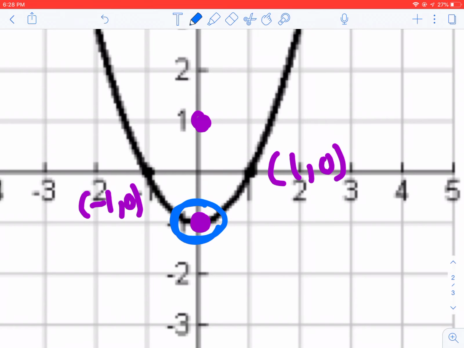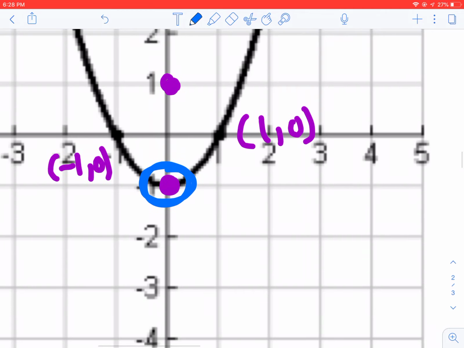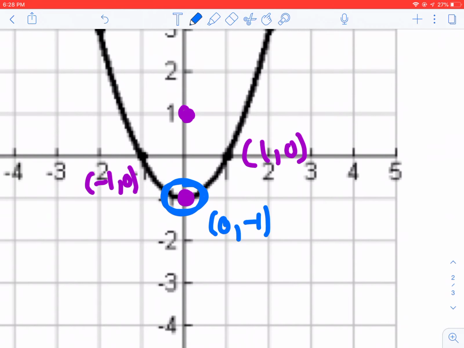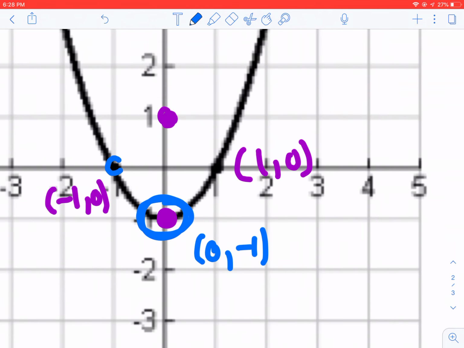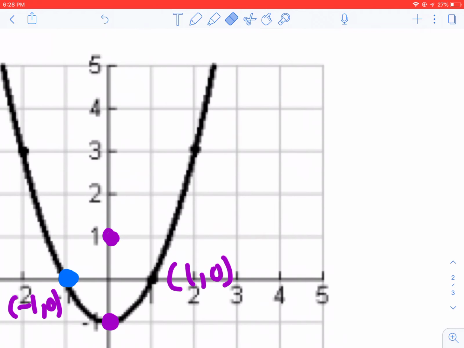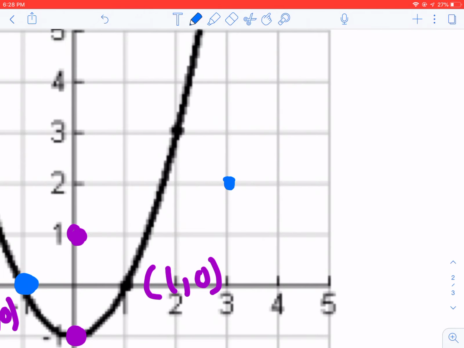Looking at the original black graph here, that original point on the graph would be, what is that, 0, negative 1. That's going to become negative 1 comma 0. So that point becomes this point. And I can take a couple more points like 2 comma 3. 2 comma 3 will become 3 comma 2.